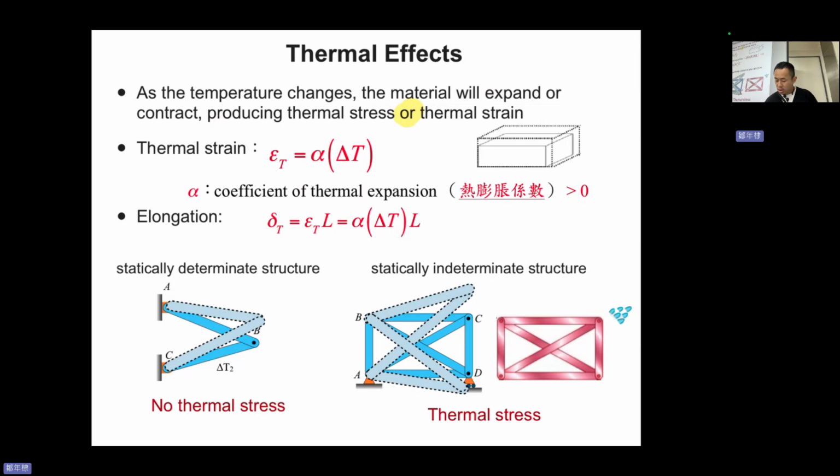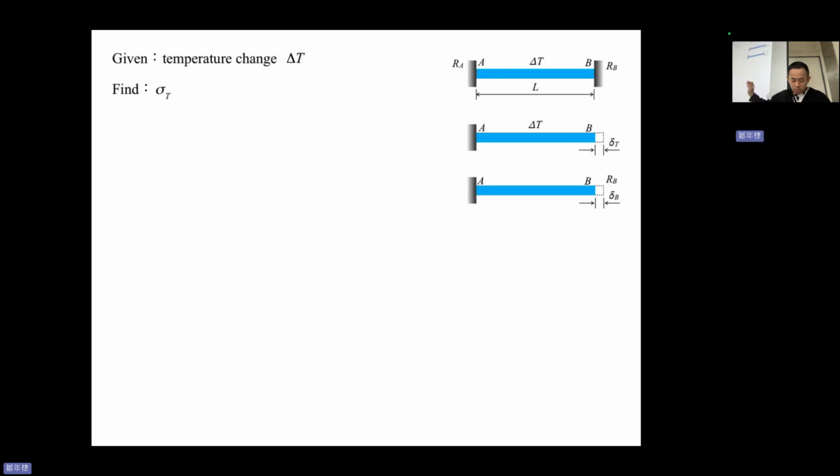It will have thermal stress. All right. So thermal stress and thermal strain do not necessarily occur together, but they can occur together if you have a complicated material system. But for a simple material system, sometimes they don't have thermal stress, but they have thermal strain. So now this is a quite classical problem.